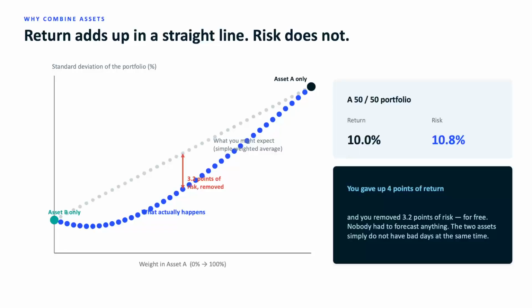And here's the picture that proves it. Along the bottom, the fraction of your money in asset A, from 0 on the left to 100% on the right. Up the side, the risk of the resulting portfolio.